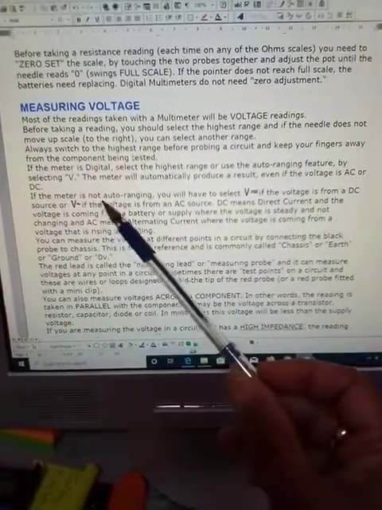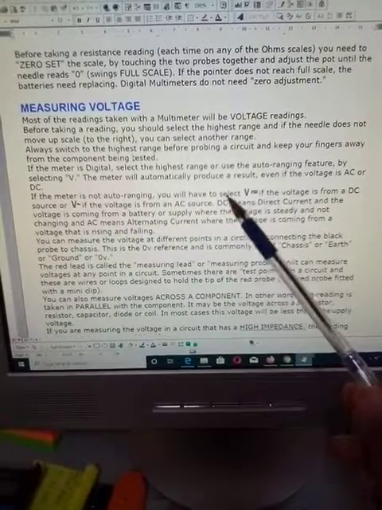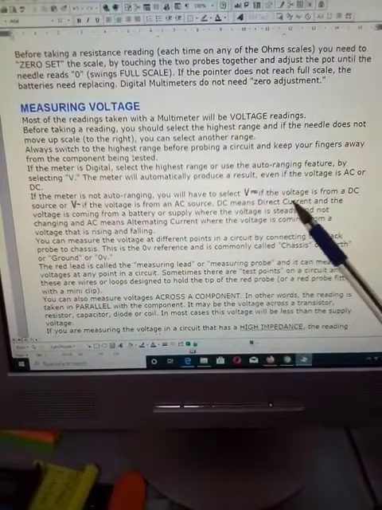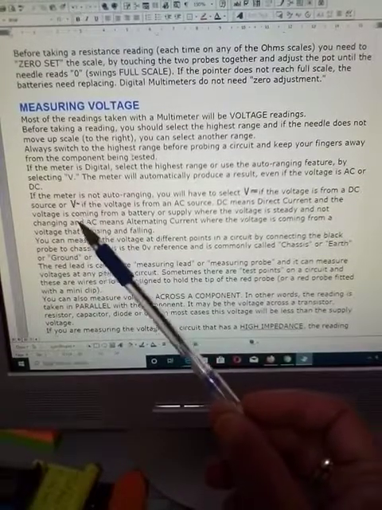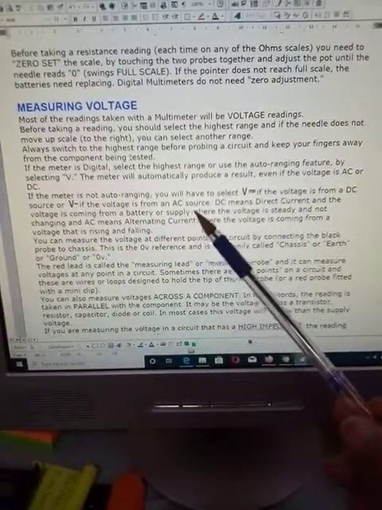If the meter is not auto ranging, you will have to select V if the voltage is from a DC source, or V AC if the voltage is from an AC source.